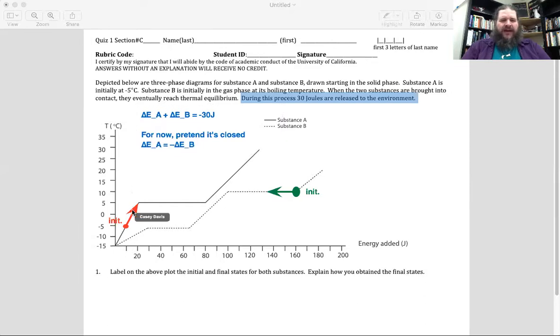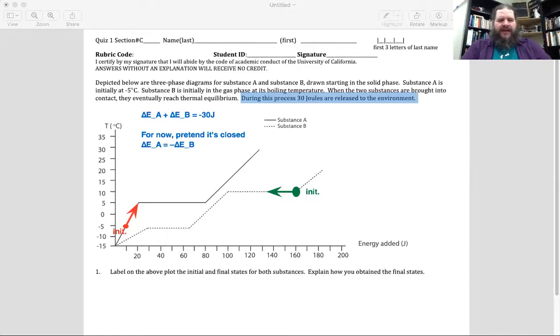And that means if A, for example, let's say we're talking about substance A going from the initial situation to the sublimation point. How much energy does it have to gain to make that happen? Yeah, looks like that's 10 joules.